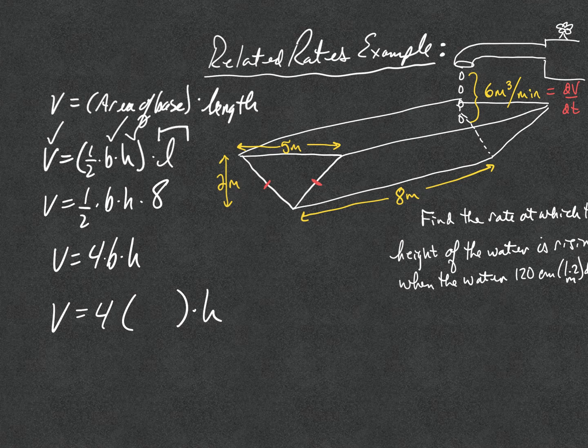And how do we do that? Well, we use the end of the triangle. Right, so here's the end of the triangular trough. It's 5 this way, and I'll move the 2 into the middle, 2 that way. And what we do, guys, is we think about the height at any time.